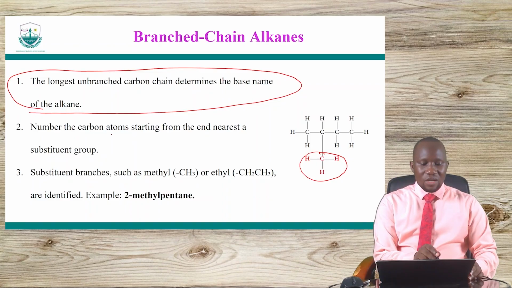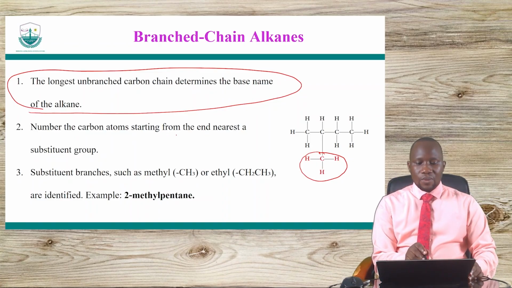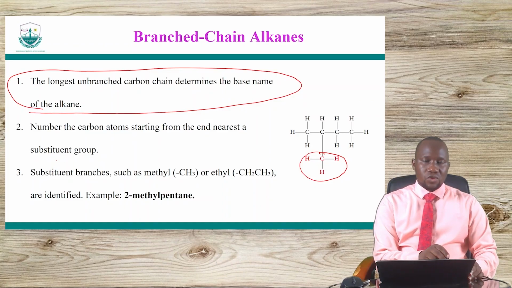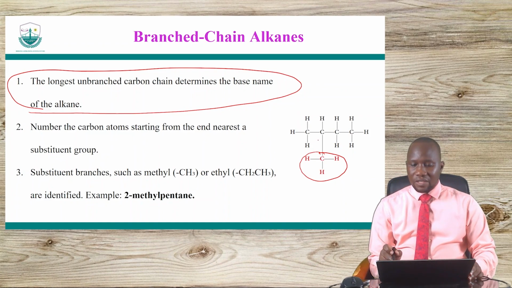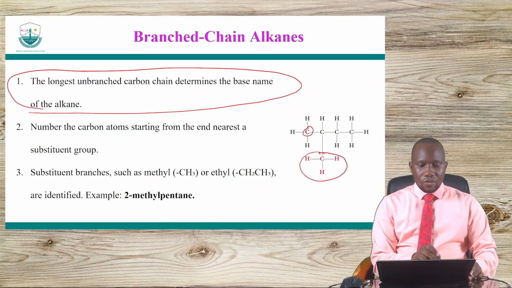So when you have a branch, what do you do? You number the carbon atoms starting from the end nearest to the substituent group. The end nearest to the substituent group. So the nearest end is here. Okay?